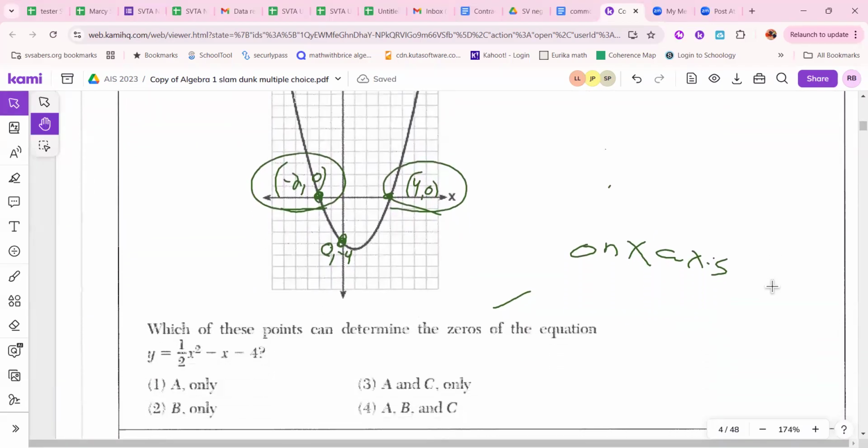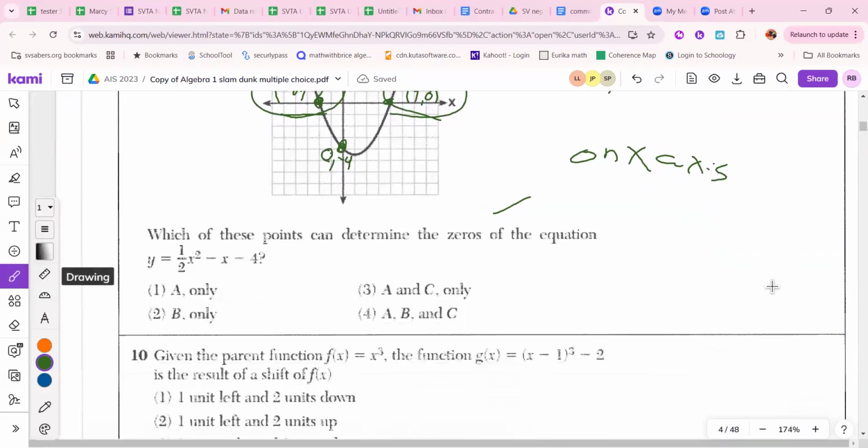A and C. Well, we know it's just not one of them, and we know it's not all three. So there we go.